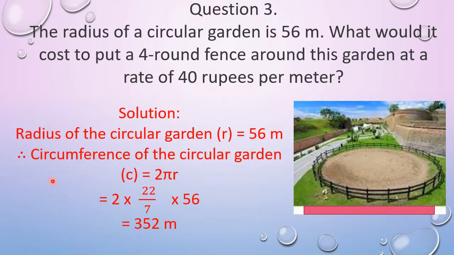So circumference of the garden is equal to 2 pi r. So 2 into 22 by 7 multiplied by 56. When you do multiplication, you will get 352 meter. So the circumference of a circular garden is equal to 352 meter.